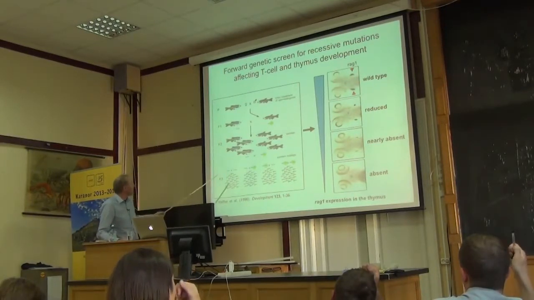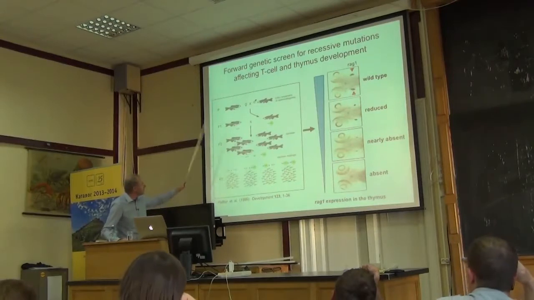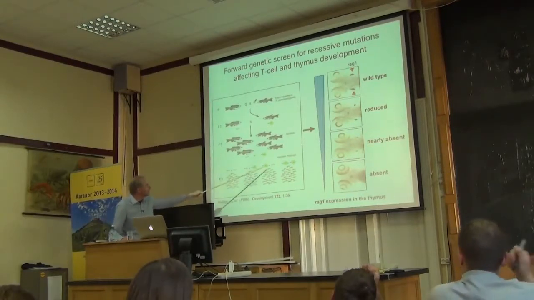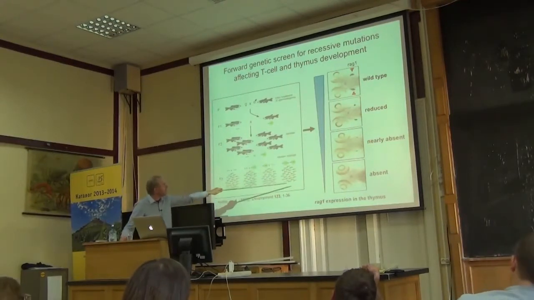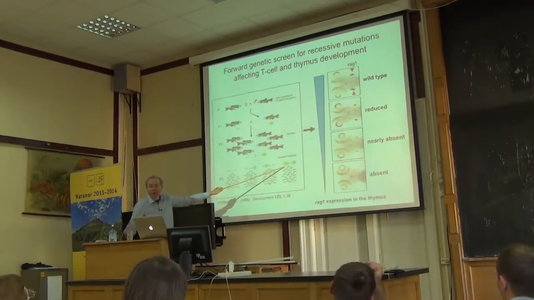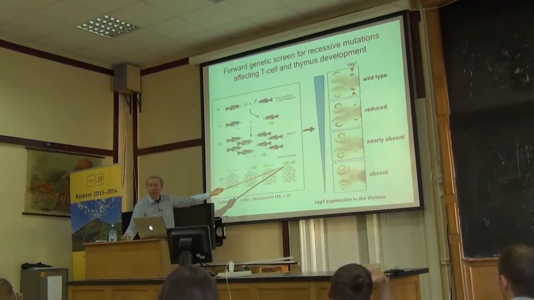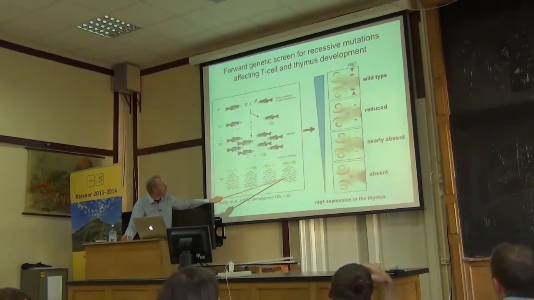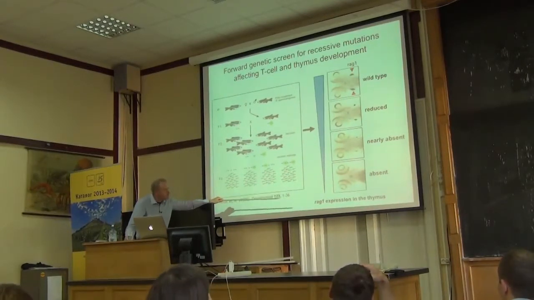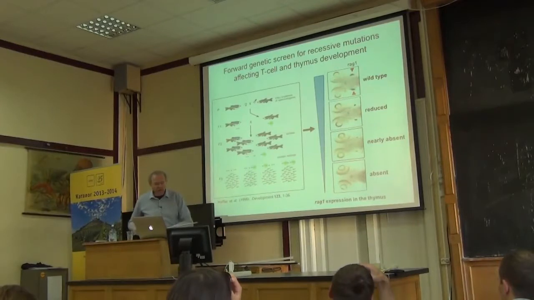So in the F3 generation, when you remember your genetic courses, a quarter of these random matings generates homozygous mutants for a particular mutation that you identify and recognize by your phenotype. And the phenotype was recognized at the time by RNA in situ hybridization.